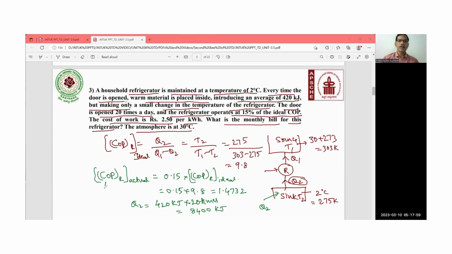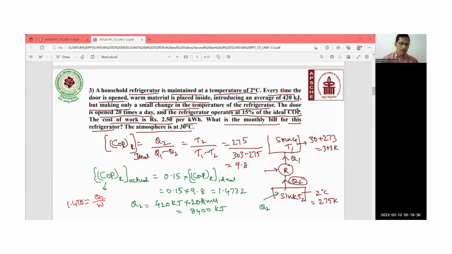So what is this? This is Q2 divided by W, and COP actual is 1.4732.